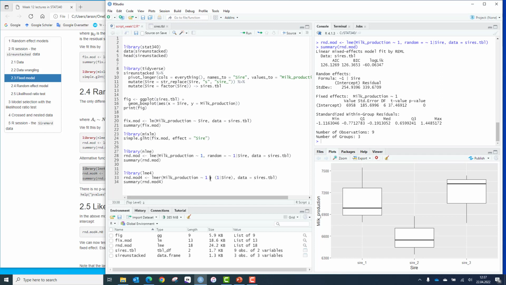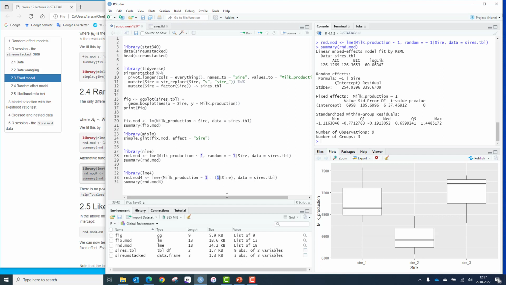But here is the difference. We now add also the random effect directly here to the same formula without having a comma and this random equals blah blah blah. So the formula contains both the fixed and the random effects, but the random effects are included in this way always. First, you have this parenthesis.